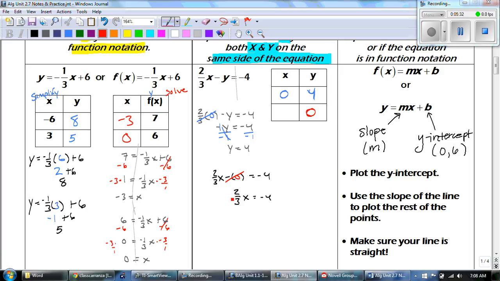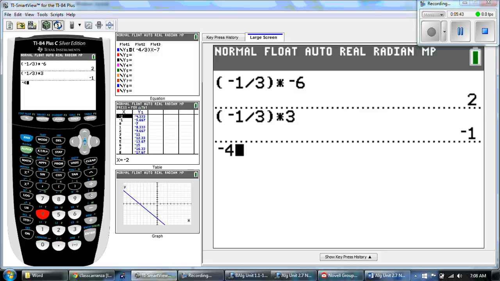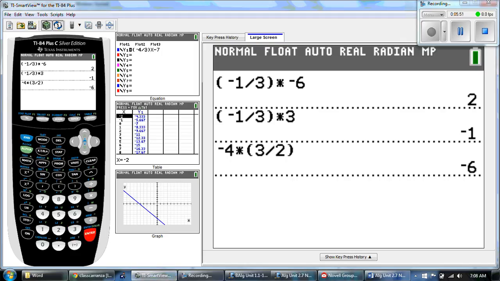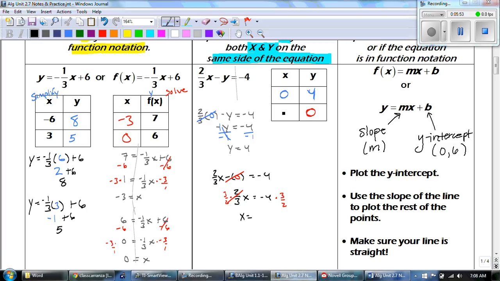To get the x by itself, I need to multiply by the reciprocal. So I need to do negative 4 times 3/2, and we get negative 6. So negative 6.